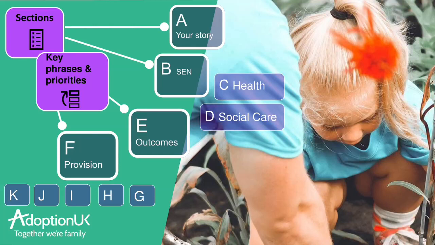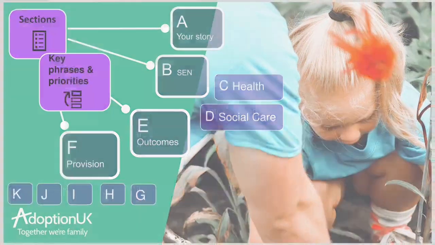Section E is the outcomes. What are we aiming for? What's this document aiming for? And then section F where that real detail sits. How does this provision, these needs, how are they going to be met in the school or the college? How are they going to be delivered? So we'll start off looking at section A.